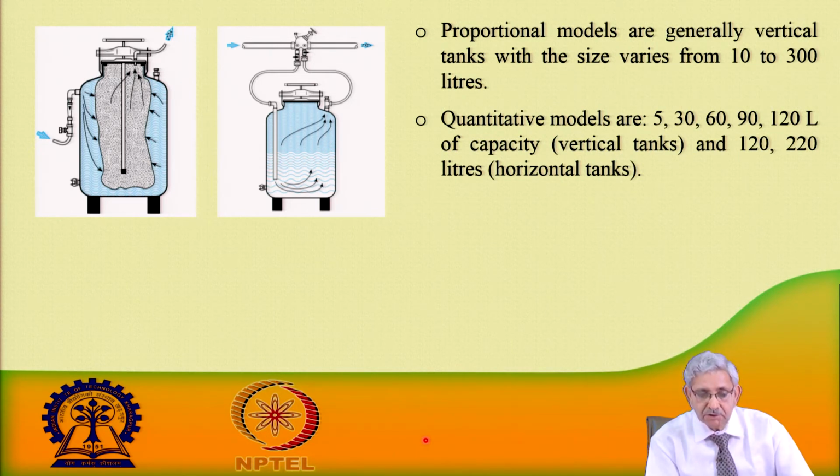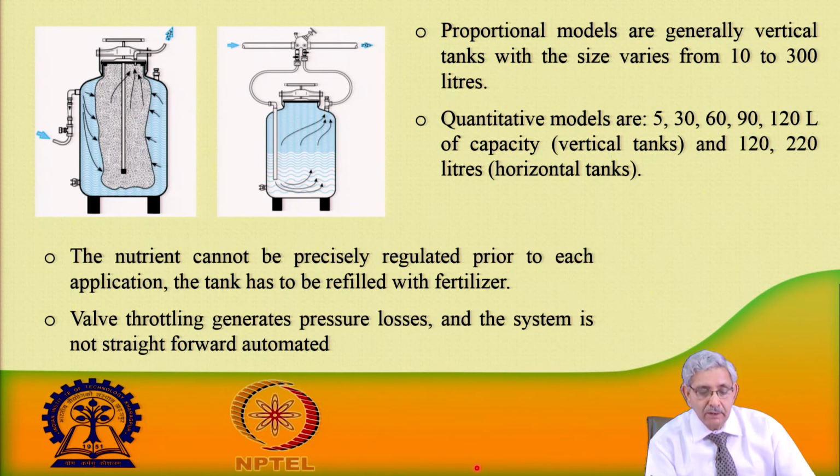If it is a smaller system, one should keep on refilling the solid fertilizer which is soluble in water. The quantitative models could be of 5, 30, 60, 90, 120 liter capacity, and these can be horizontal or vertical tanks.